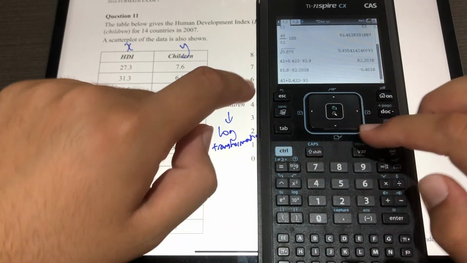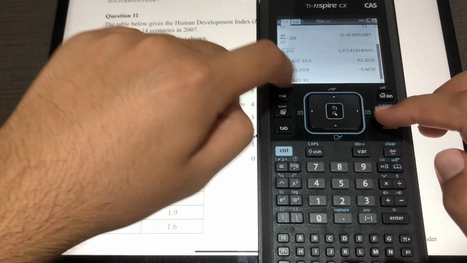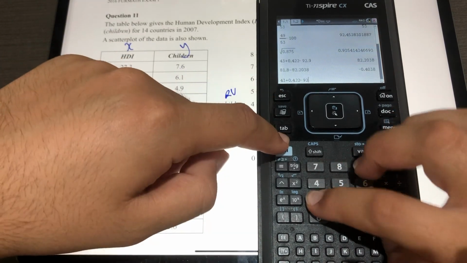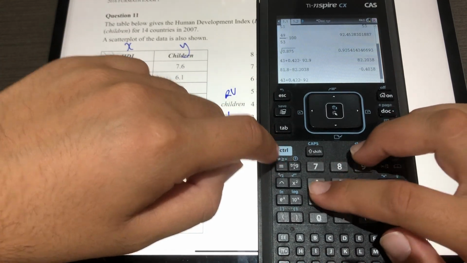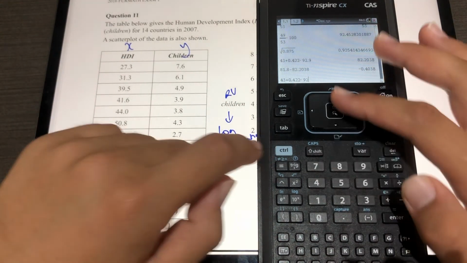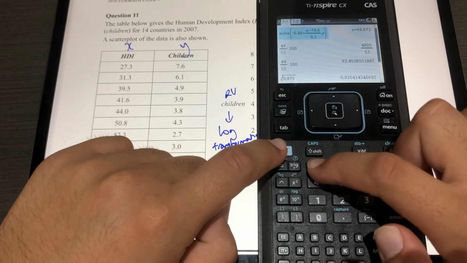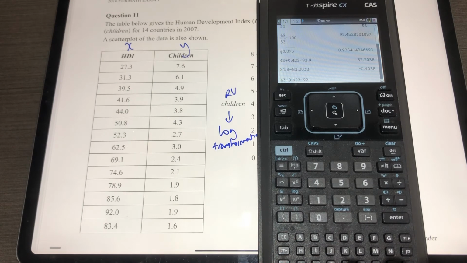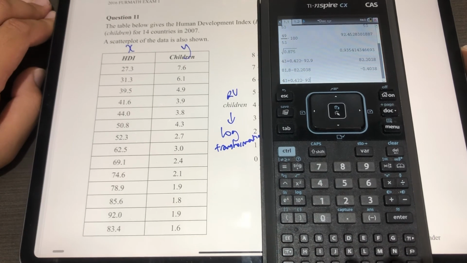If you're on one line here, Control 7 takes you to the back of the line, Control 1 to the front of the line, the row. So it's just a really good shortcut when you highlight stuff. Control 7 all the way to the top, Control 1 all the way back down. So there's some really useful calculator tips there.